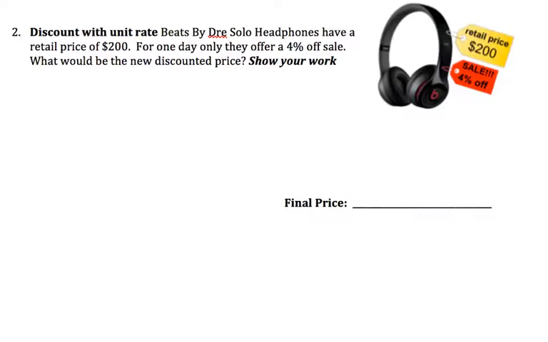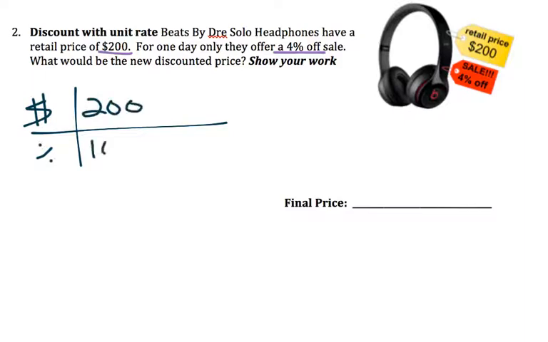Alright, so the headphones have a retail price of $200, and then there's a 4% off sale. I'm going to start by setting up a ratio table with $200 as 100%, and then I need to find 4%. There's lots of ways to do this.